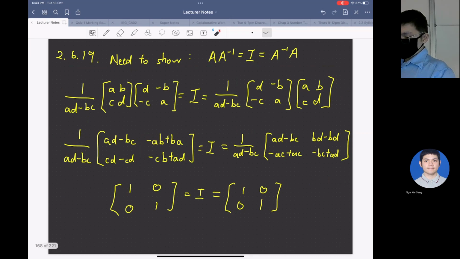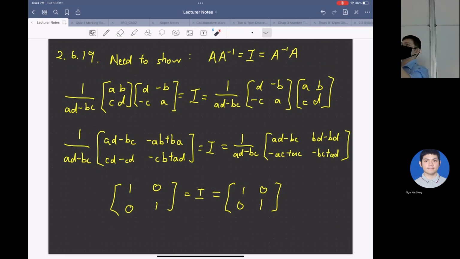The next one I think you need to do, although it's an odd question. Although I don't tell you how to find it, you should know that the inverse of a 2 by 2 matrix is 1 over AD minus BC, and then you swap A and D, and take negative on B and negative on C. This one you should remember.